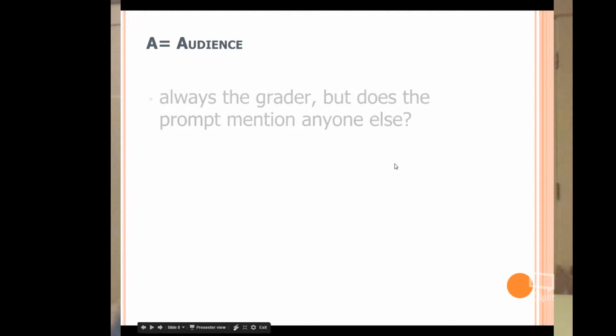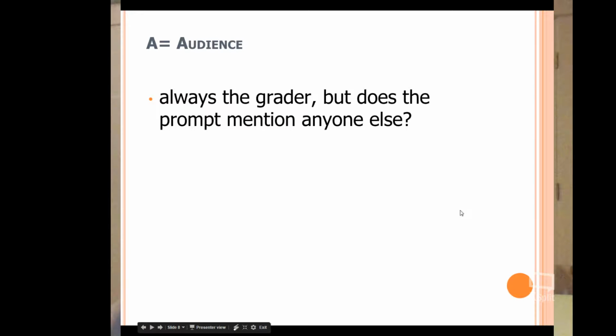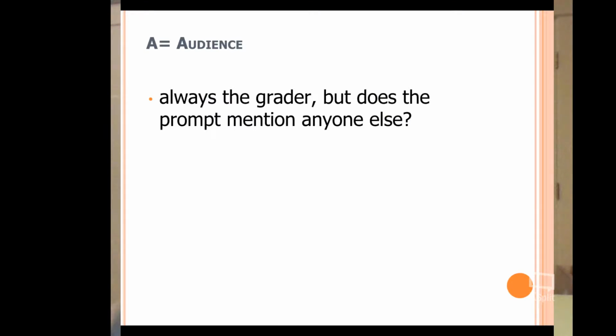Okay. Now, A in RAFT stands for audience. Normally, the audience is always the grader, or Mrs. Peterson. But does the prompt mention anybody else? You need to think about that because then you're going to write your paper geared towards that person.